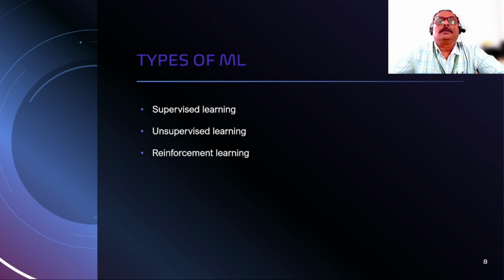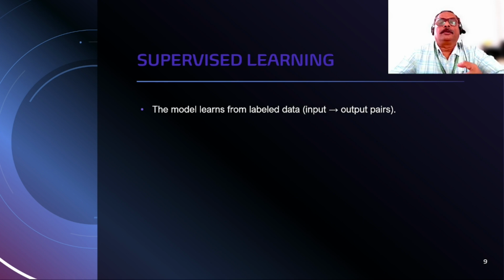So let's look at these one by one. Coming to supervised learning, here the model learns from labeled data. That means we have the data in the form of input-output pairs, and these pairs are used together for learning.